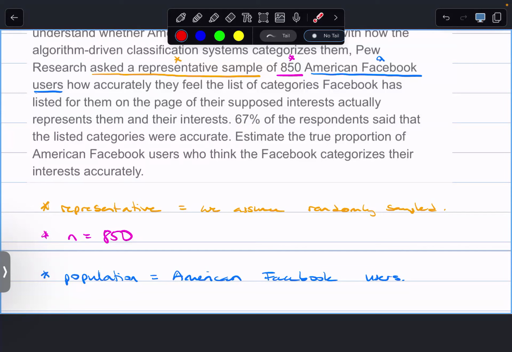You just have to multiply by 100. It's also a probability: the probability of a respondent saying that the categories were accurate is 0.67 if I randomly draw an American Facebook user. So this tells me, and I'll use pink again because this is the information that we need.